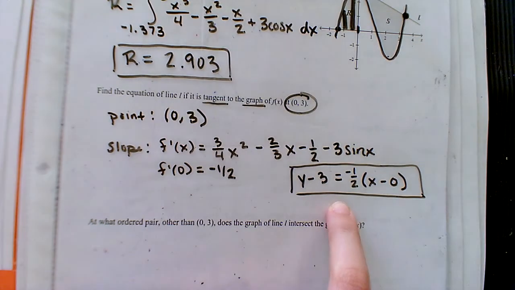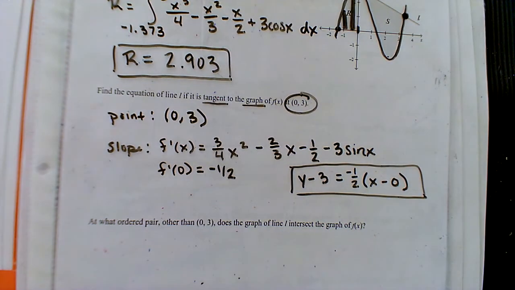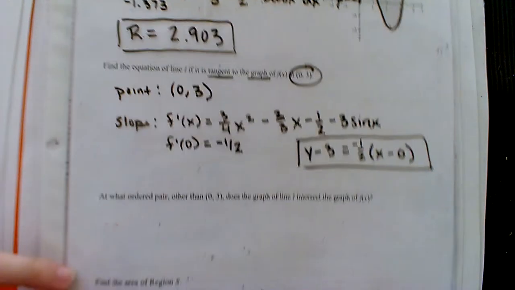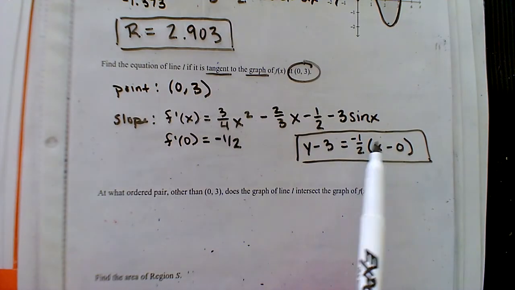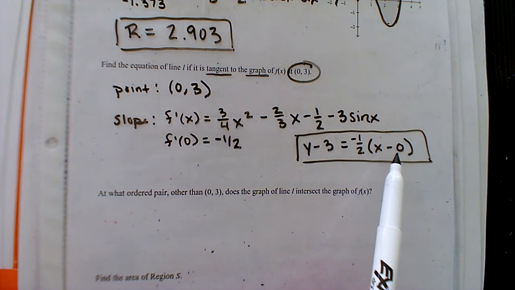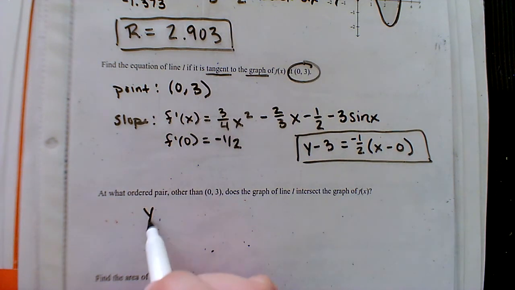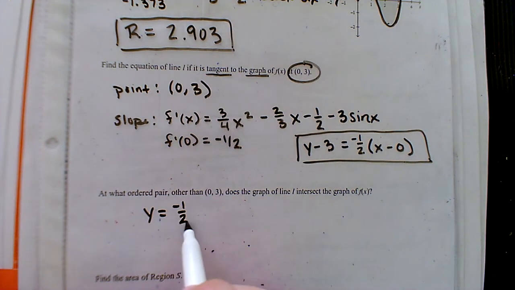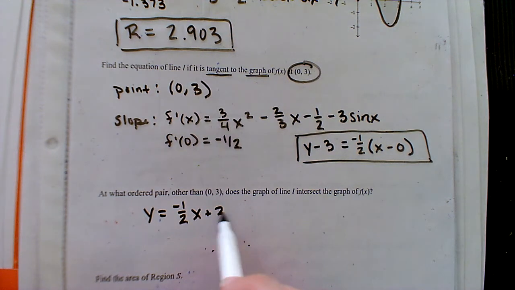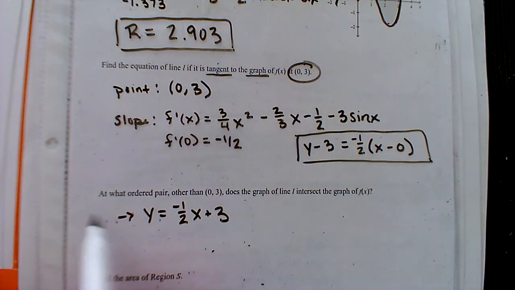So right now, the equation of the tangent line we wrote doesn't look like y equals mx plus b. We're going to have to rewrite it. If we distribute in the negative 1/2 and then add over the 3, we would get negative 1/2 x plus 3. Okay, so this is your line L.